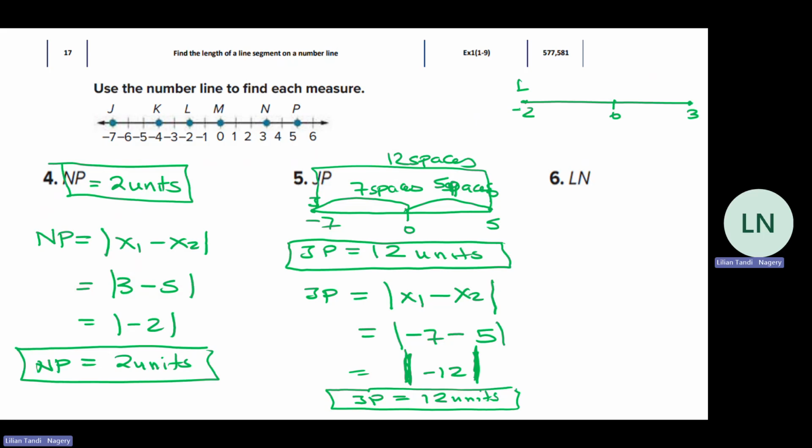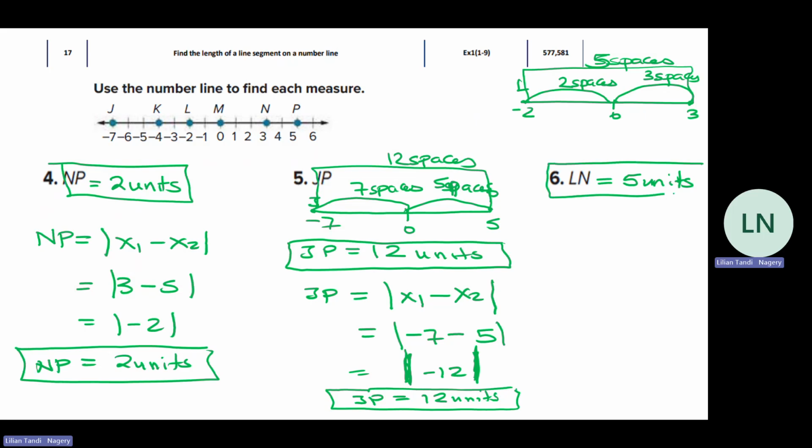So this is 2 spaces, and this is 3 spaces. So altogether, 5 spaces. So L to N equals 5 units.